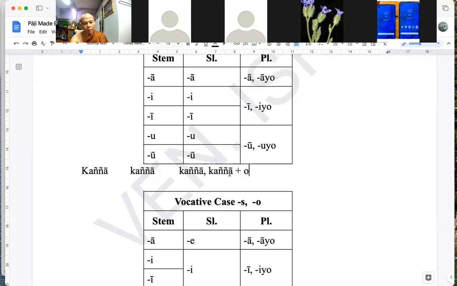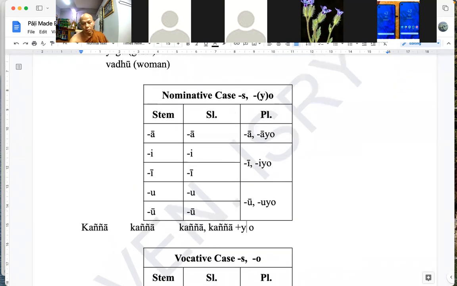Here two vowels, maybe to maintain, 'ya' or the semi-vowel 'ya' is inserted, maybe. So that is 'yo' or something in this way.